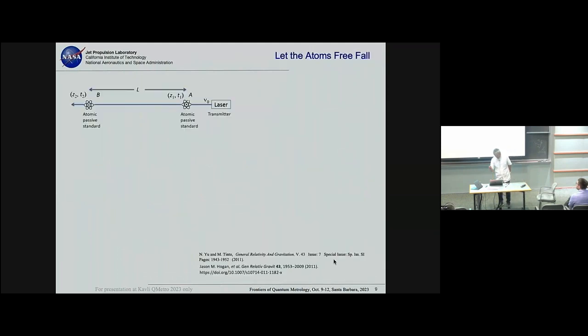On the other hand, you can just let the atoms free fall, without being attached to anything, and treat them as a clock. For those who run clocks, you can do a Ramsey two-separate-pulse interferometer, and that will give you a clock. Of course, free-falling atoms have a velocity and a velocity spread, so that's a very terrible way to run a clock.